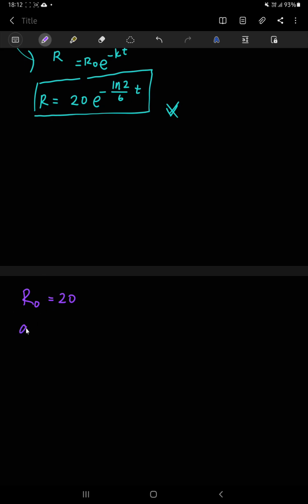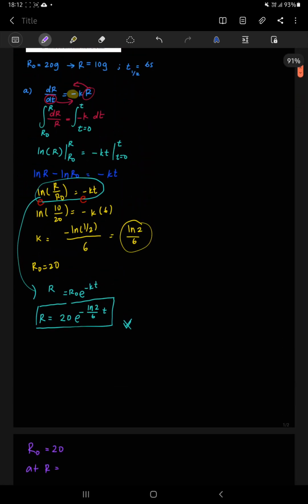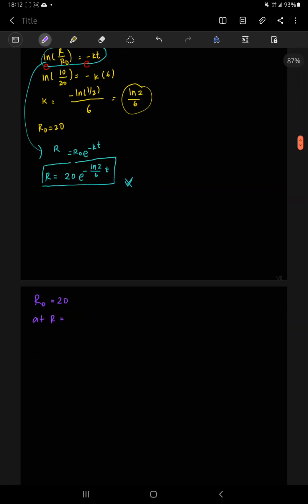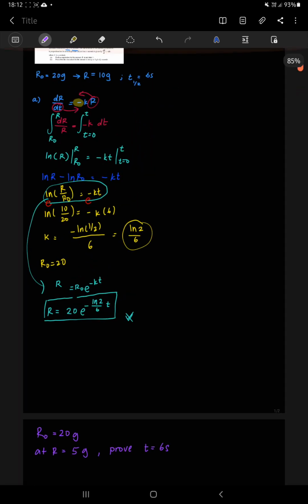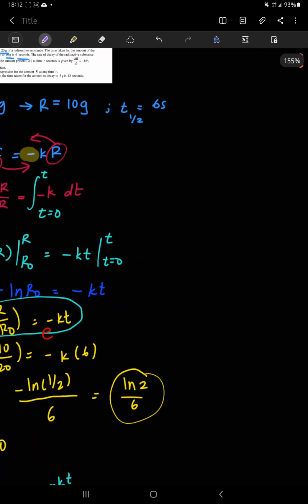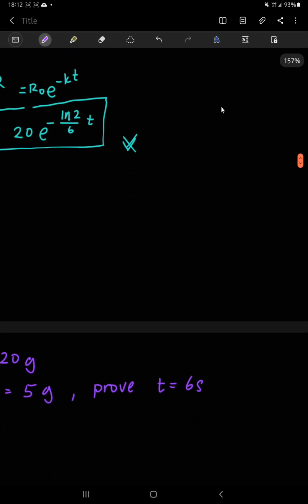And R equals 5 gram. We want to prove it occurs at t equals, is it 6? 12. Sorry, it's 12.